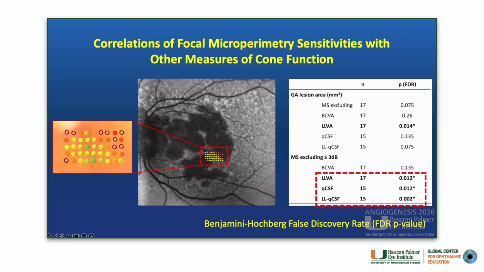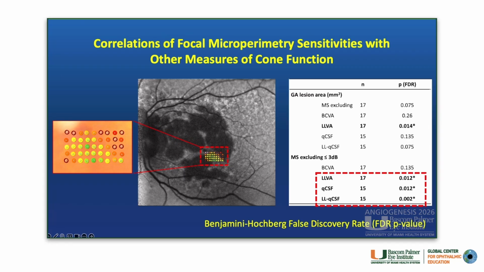And then finally, when we start to look at the relationships between the mean sensitivity within that center 1 millimeter and other aspects of cone function, we can see that those sensitivities do correlate to other measures of cone function.